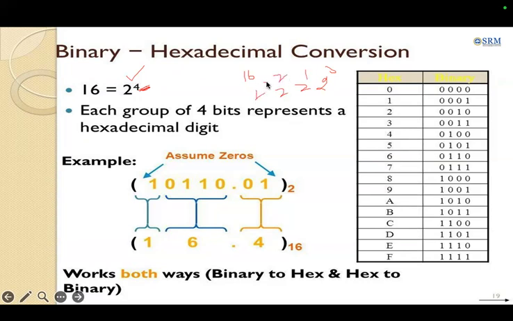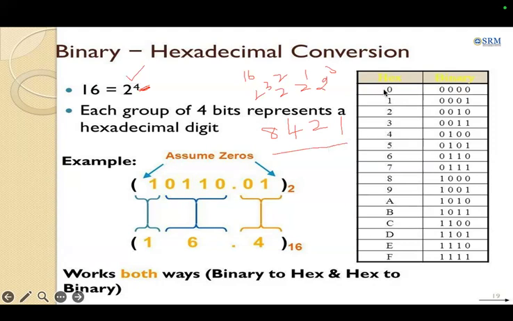If you expand them, it follows the code 8, 4, 2, 1. So hexadecimal will follow the 8421 weight code.